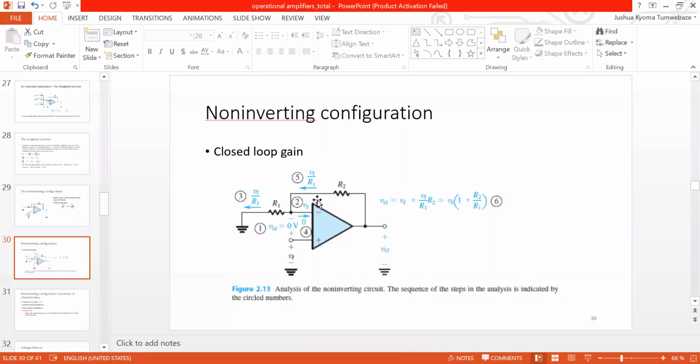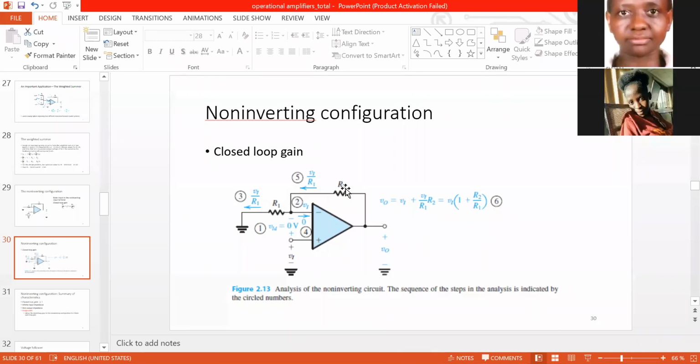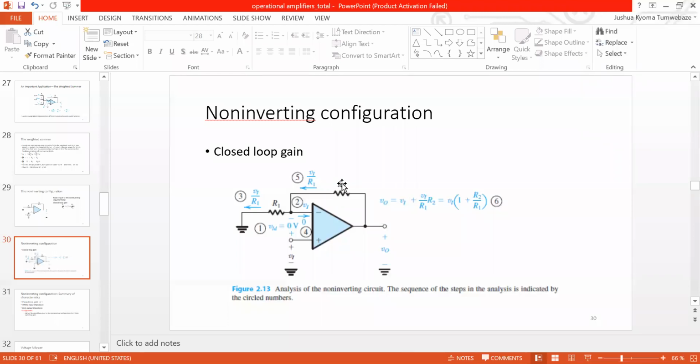Maybe you're saying that you want the current here to flow in the opposite direction. Is that what you're saying? Because you think that current cannot flow from an output? This is an amplifier. That means it can give you an output voltage which is greater than the input voltage. But also it is logical for us to show that current flows in that direction coming from R1.